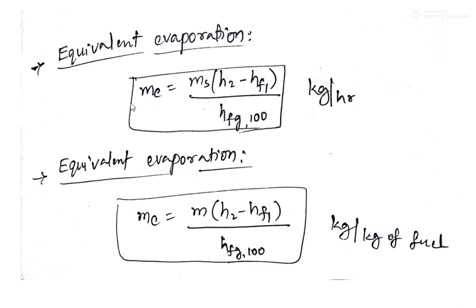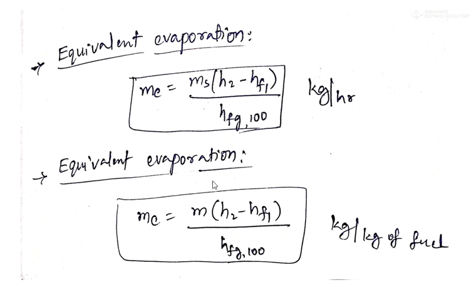For equivalent evaporation, generally we find these kinds of formulas. There is only a little change between ms and m, and the remaining formula is the same. Let us see the formula. me is equal to ms into (h2 minus hf1) by hfg at 100, and we use this formula when the mass of steam generated is given in kg per hour. The second formula is used when the mass of steam generated is given in kg per kg of fuel.